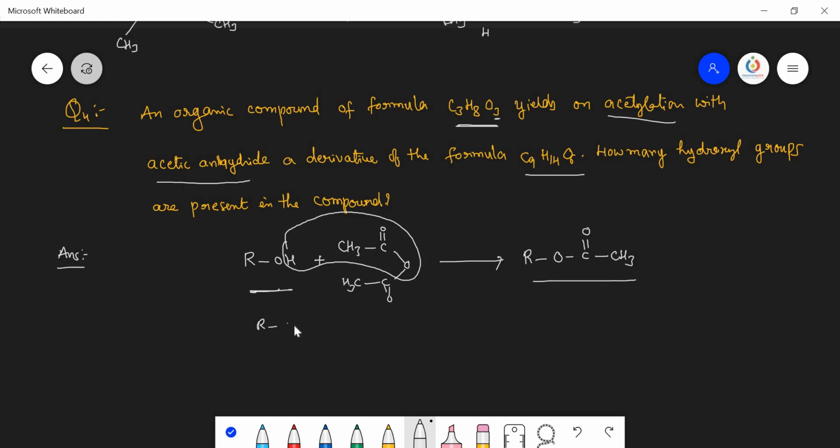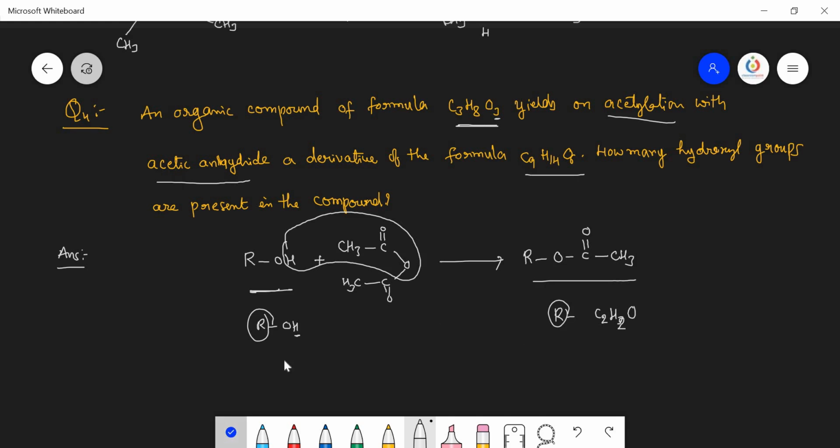Here one alkyl group and OH group is there. Here the same alkyl group is present, and the difference is 2 carbon atoms, 3 hydrogens, 1 extra oxygen, and here this hydrogen is there. So if you remove this hydrogen, then the original difference between these two is C2H2O.